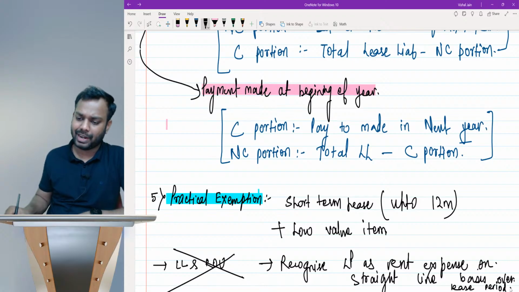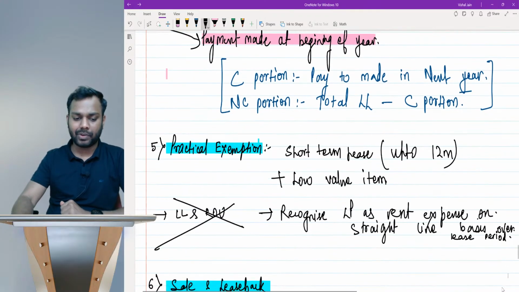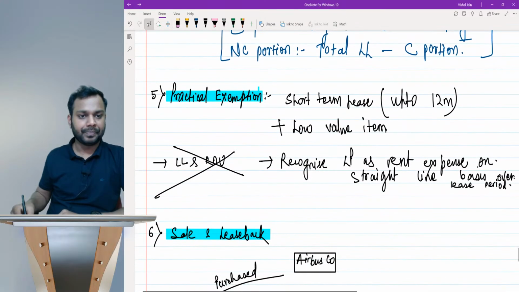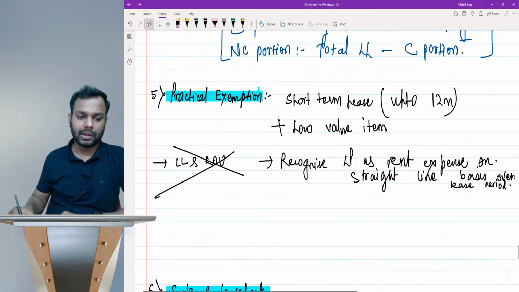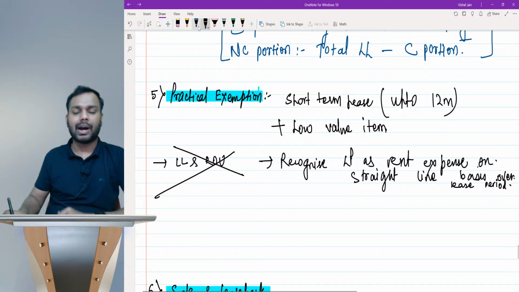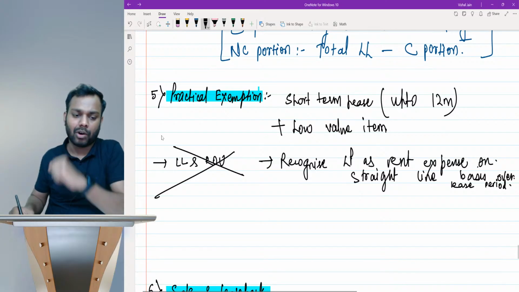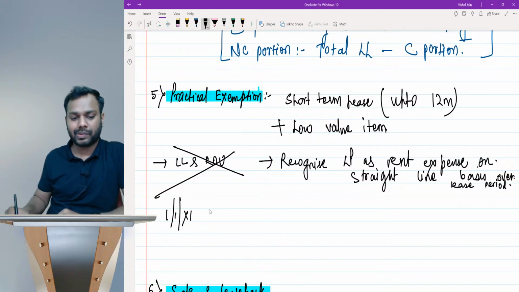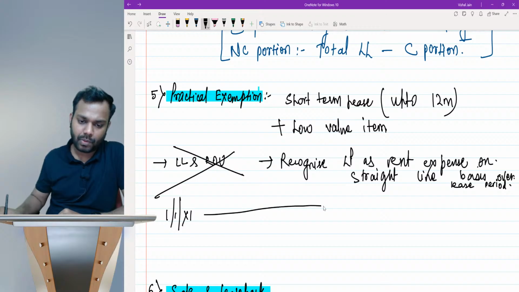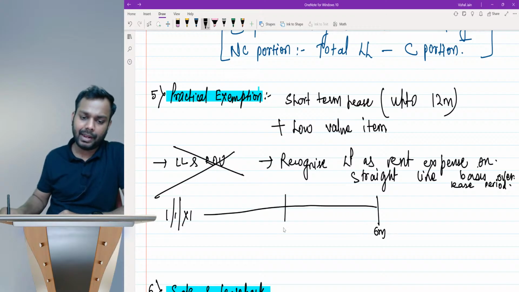What is the meaning of straight line basis, guys? Let me take up an example. Let's suppose I have taken a mobile phone on rent on 1st January X1 for 6 months. My year ending is 31st of March X1.